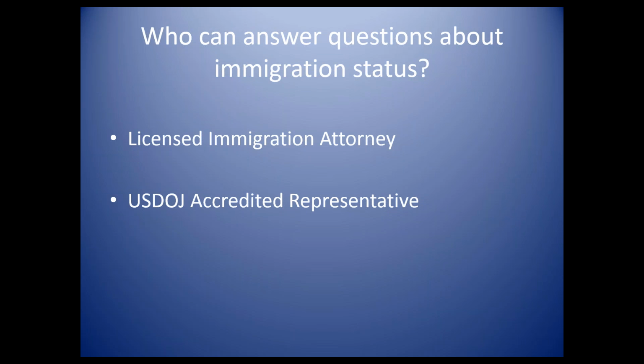So it's really a licensed immigration attorney or accredited representative who you'd want to go see. And so to give you an example of the difference, if you came to our office and you had questions about becoming a citizen, either I could help you or Dick can help you. But if you came to the office and you wanted to get out of a few parking tickets, I'd have to refer you over to Dick, and he could help you with that.